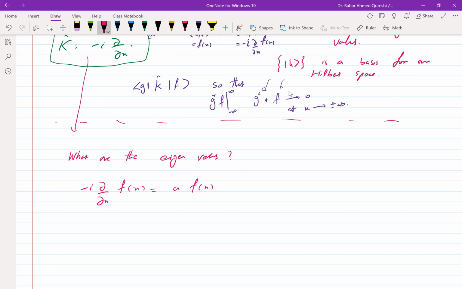And what are the solutions for this? This is a solution. So this is an eigenvector.